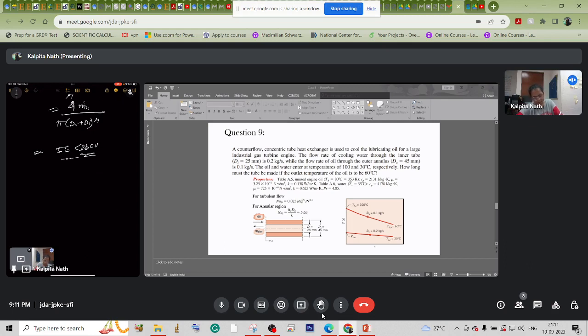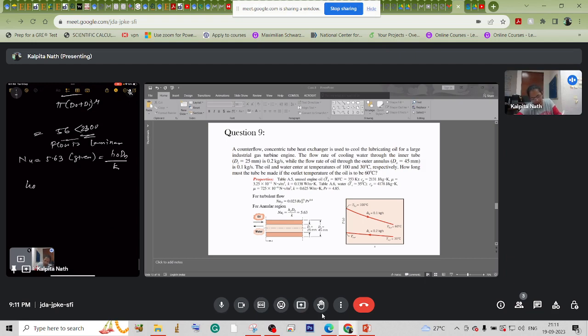So for the annular region the flow is laminar, so the Nusselt number is equal to 5.63, which is already given for the annular region. So this is h naught dH upon k.